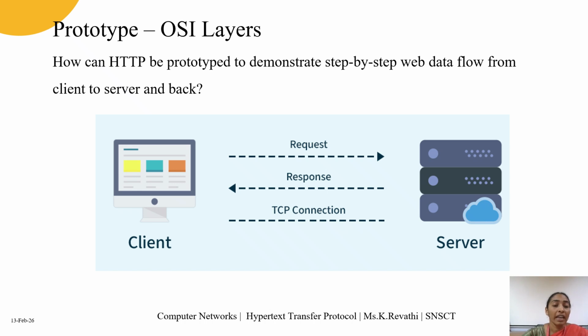The network layer will find the best route to reach the server. Then the server processes it, and the HTTP response comes back to the user. The browser displays the web page. So HTTP acts like a manager, coordinating all the requests and the whole communication.